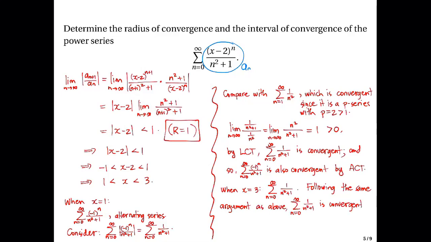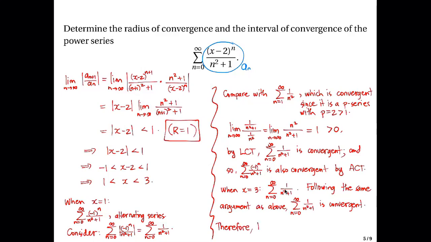Or maybe you can say that we have shown in this step that this is convergent. So you can also write that way. So therefore, we now have the IOC.